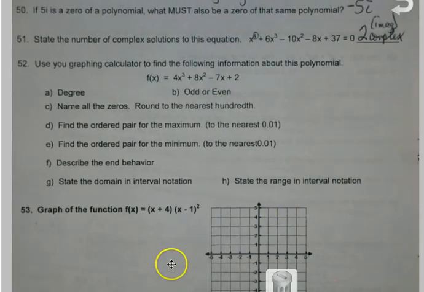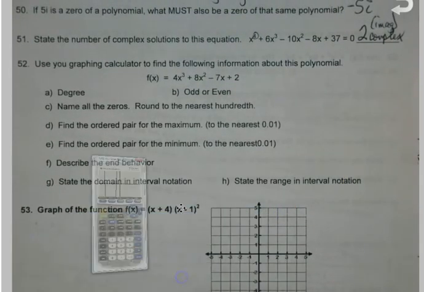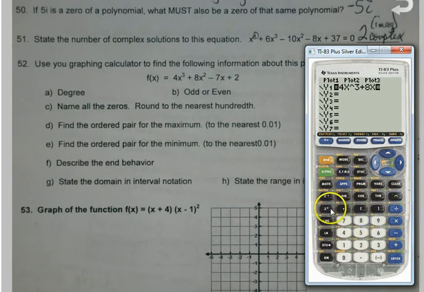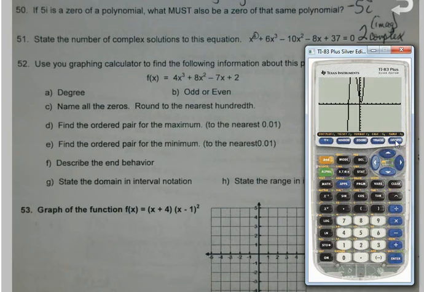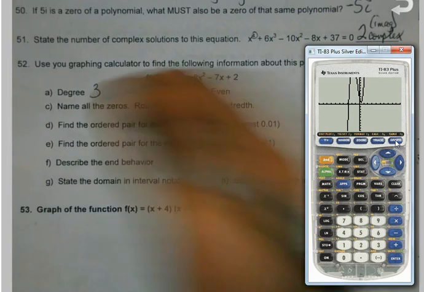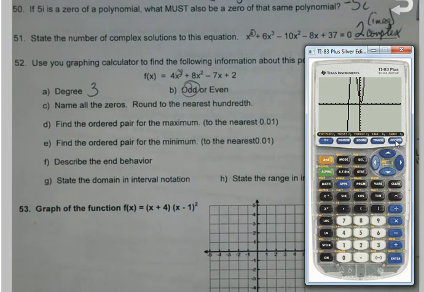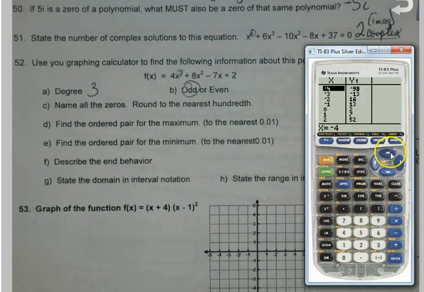52. Use your graphing calculator to find out the following. Okay. Let's get this guy typed in and get this figured out. So we got 4x to the 3rd plus 8x squared minus 7x plus 2. Okay, degree. Now I can get that. I don't need to graph it to get that. Degree. Odd or even? Odd. Name the zeros. Okay. Are we going to get any from there?